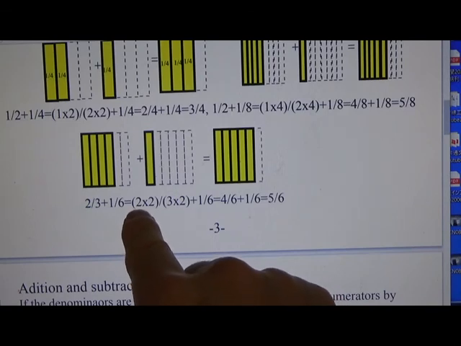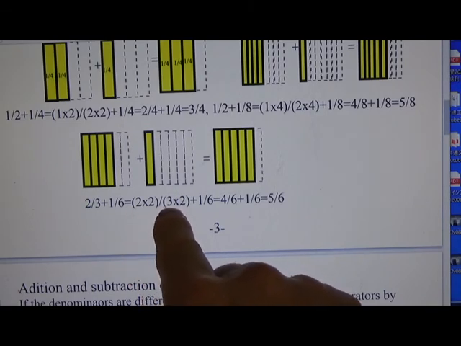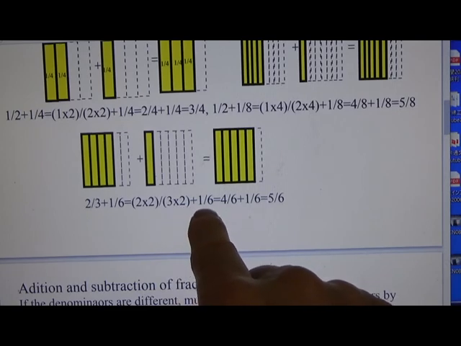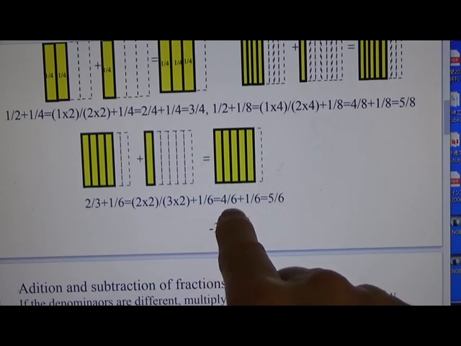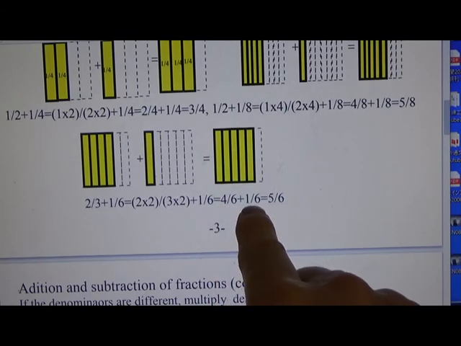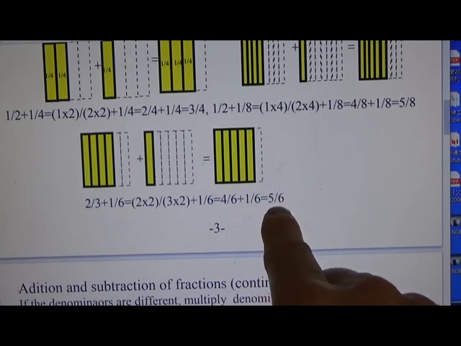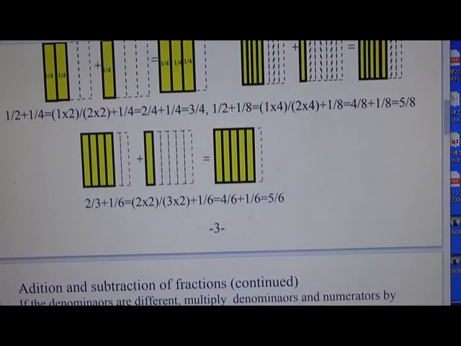That is 2 multiplied by 2 divided by 3 multiplied by 2, plus 1/6, is 4/6 plus 1/6 is 5/6.